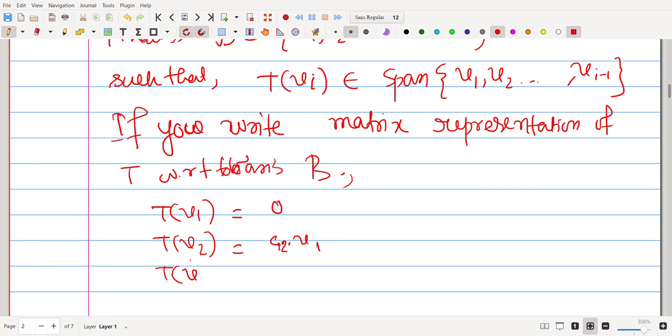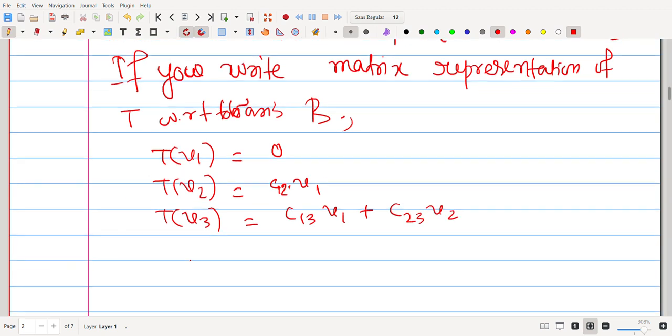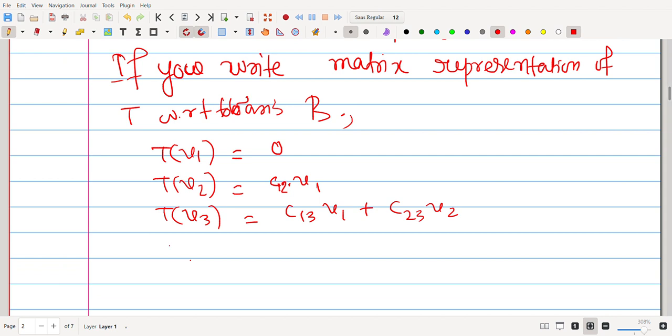T of V3 is C13 V1 plus C23 V2 and so on. T of Vn equals C1n V1 plus C2n V2 and so on, up to C(n-1)n V(n-1).